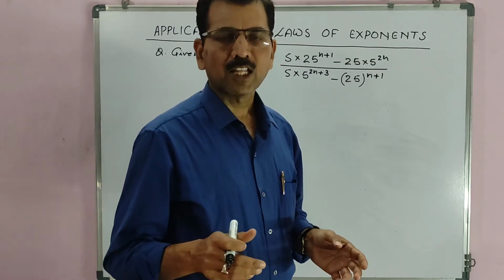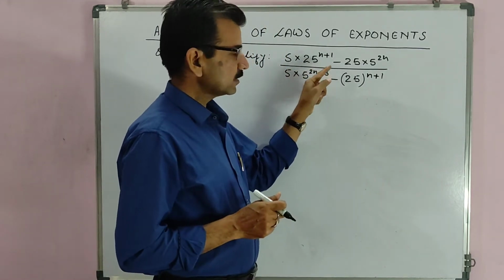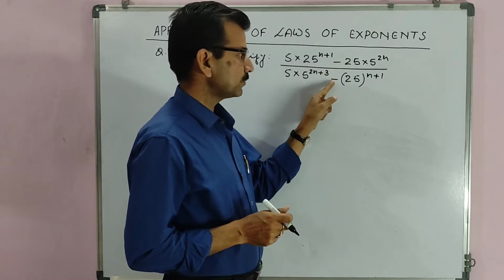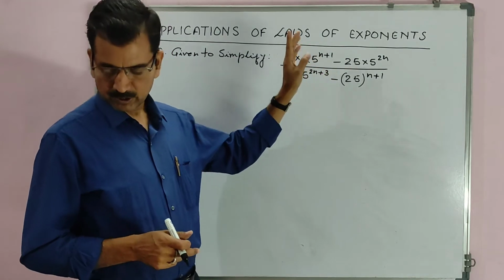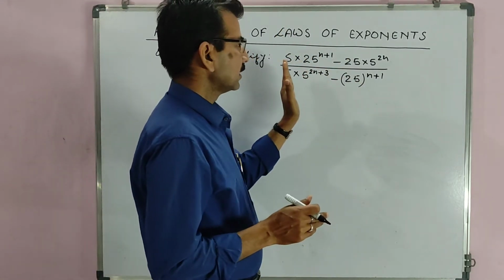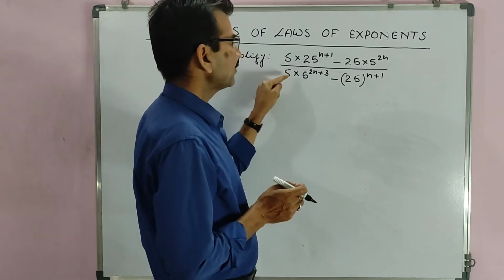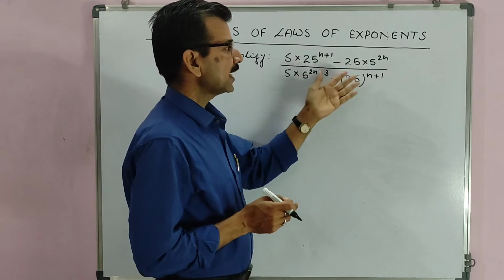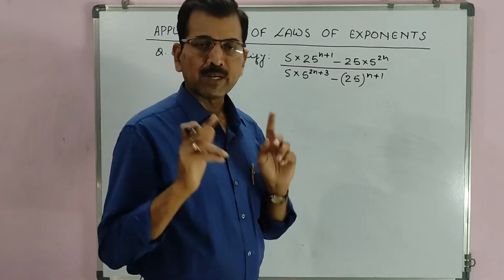Now children, in this question there is a minus sign in between, in the numerator also and in the denominator also. So what to do in this case? One way it comes to mind that this 5 and 5 we can cancel, or 25, something like that, and it creates confusion.